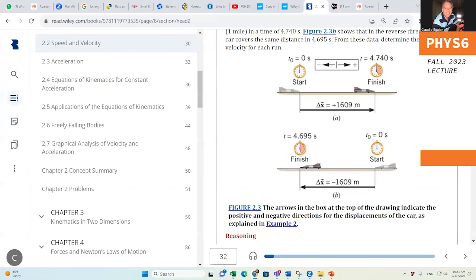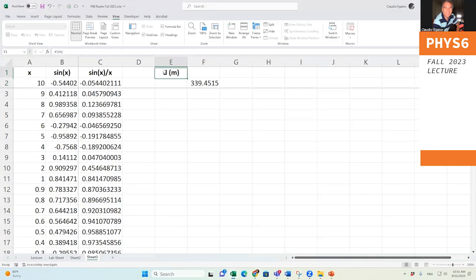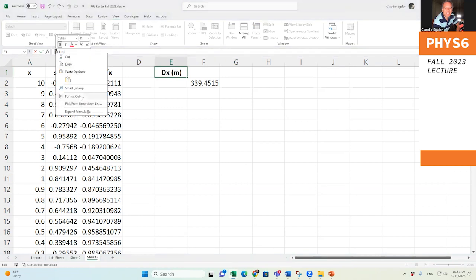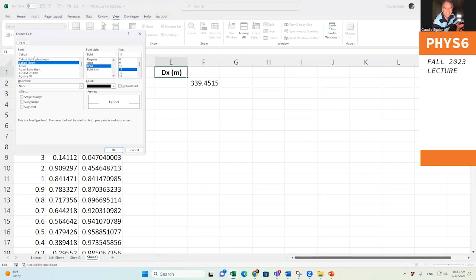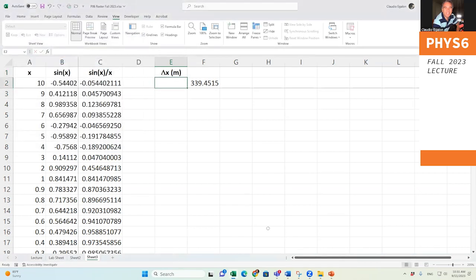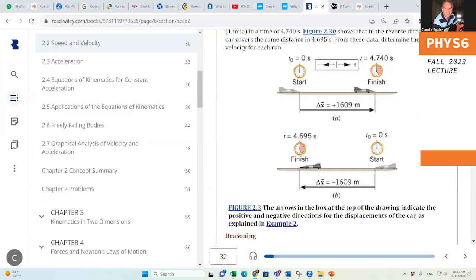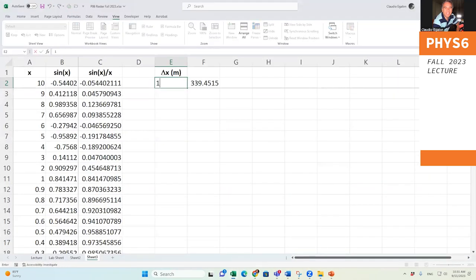Not D, let's see, delta X. Let's put delta X here, and I'm going to change the symbol right in here. 1609 meters.